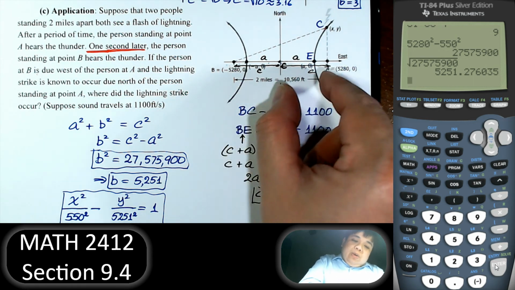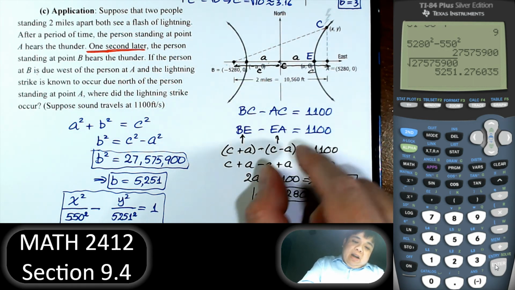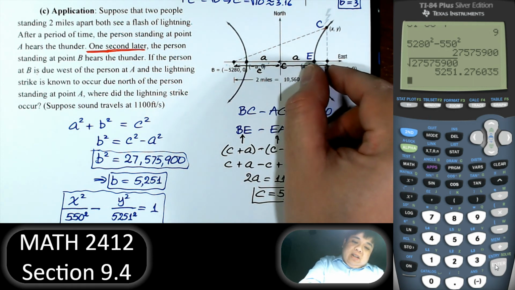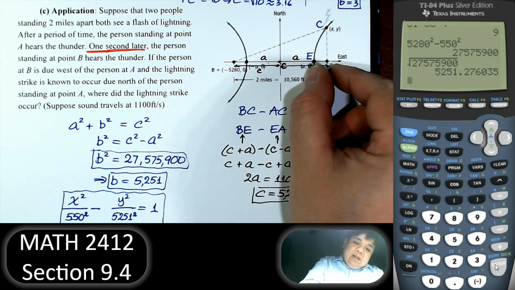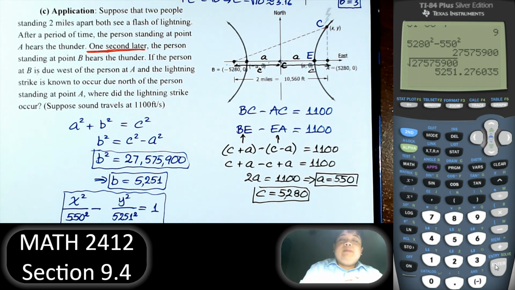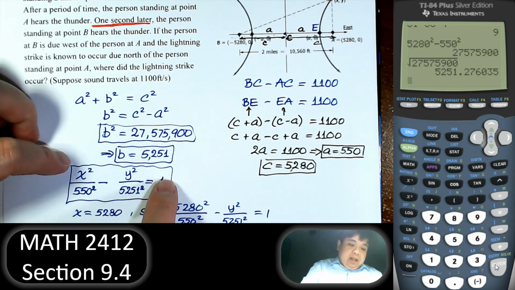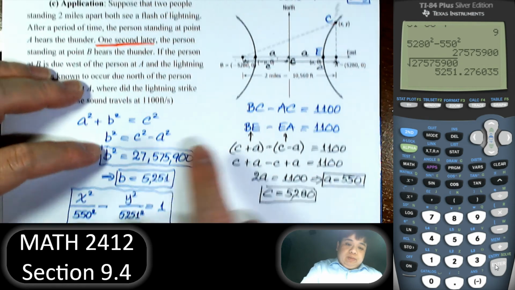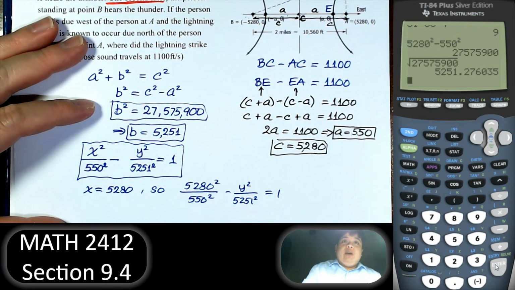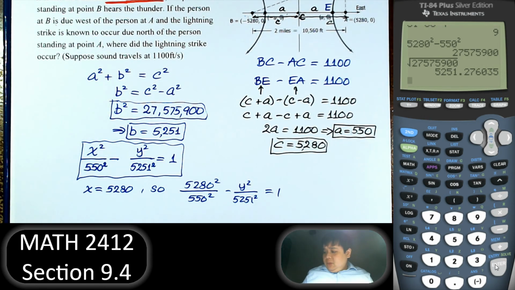Yeah, so a c plus an a minus a c minus an a. That's what we have. Right, and when we have a and c, we should be able to find b. Come up with the equation. Known x, we can find y. Right. So that's what we have for hyperbola.